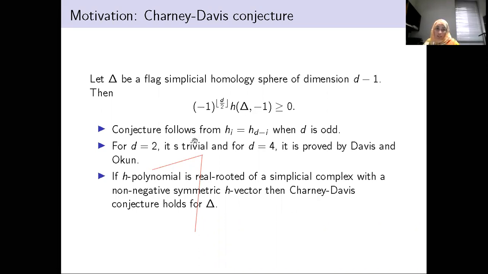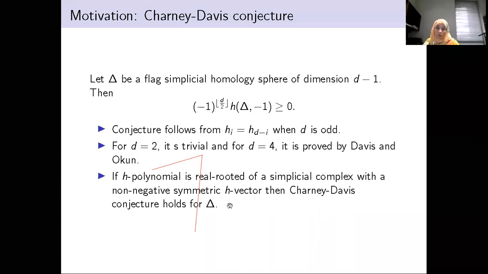This conjecture follows if you are considering odd d, because for homological spheres we have already seen this symmetry relation due to the Dehn-Sommerville equations. For d equal to 2 it is just trivial, and for d equal to 4 it was proved by Davis and Okun.